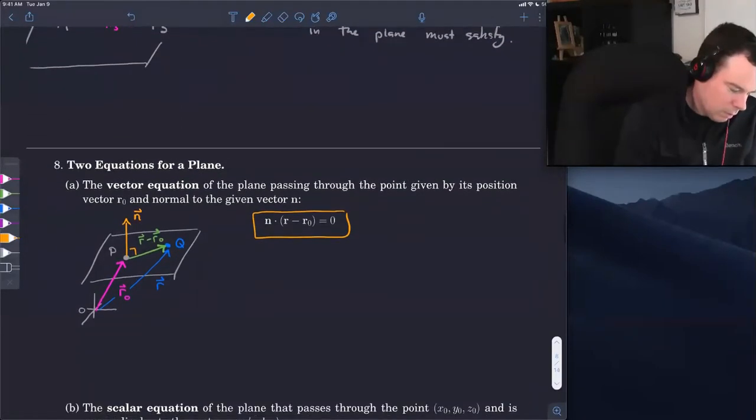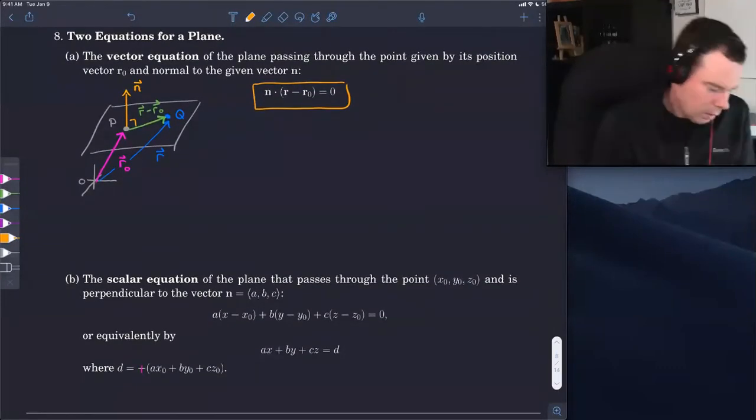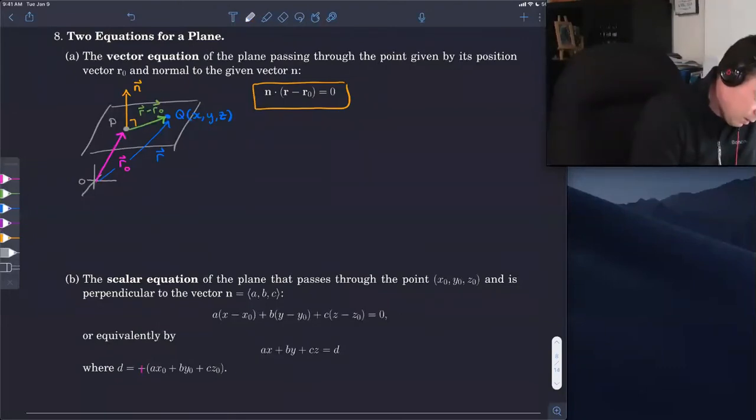Now we could go even a step further and make it even more functional for us to use. The way we're going to do that is to start to add coordinates in here. So I'll talk about Q as being (x, y, z), and the point P could be given by (x naught, y naught, z naught).